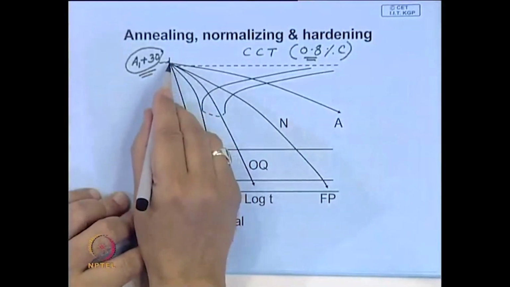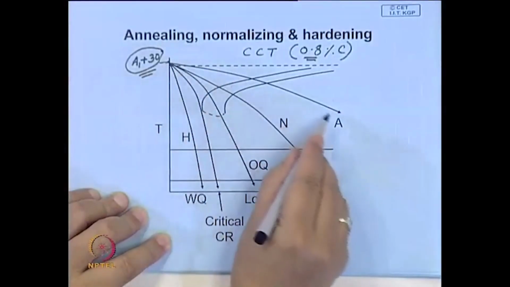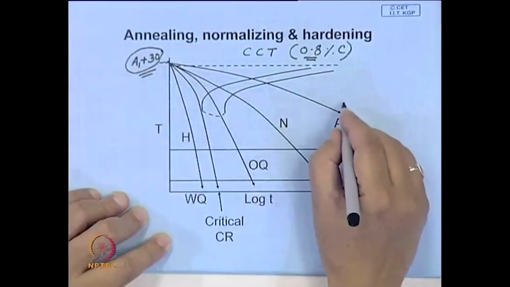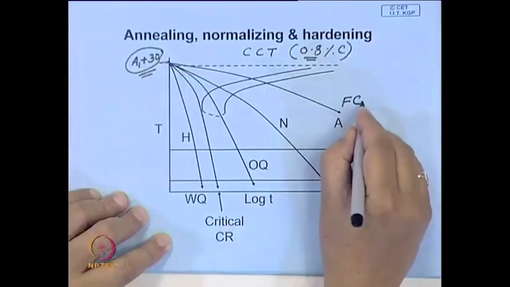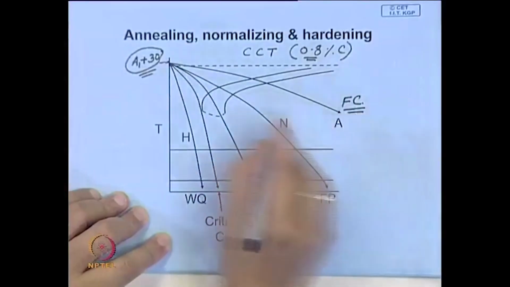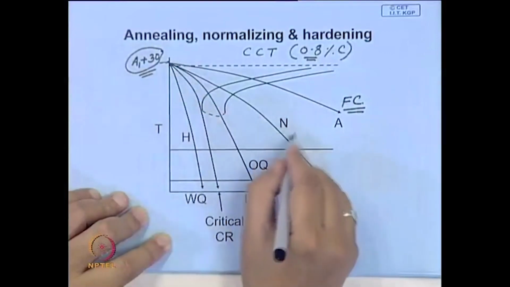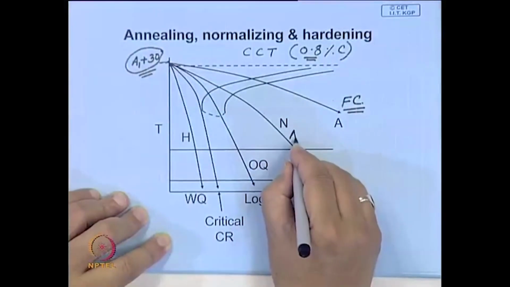After that, if you are annealing, you cool in the furnace, which is a very slow cooling, whereas in normalizing you take out the job and let it cool in air.